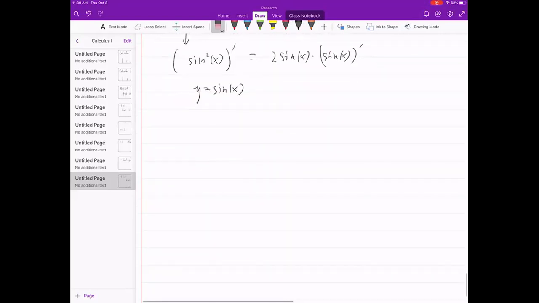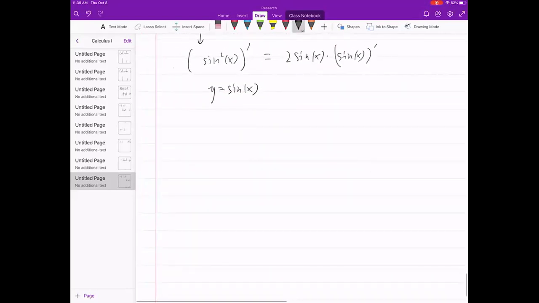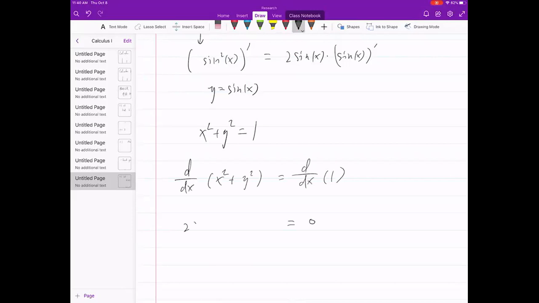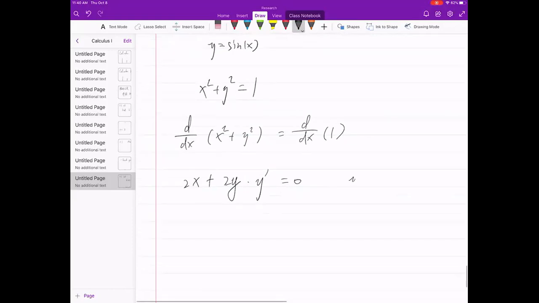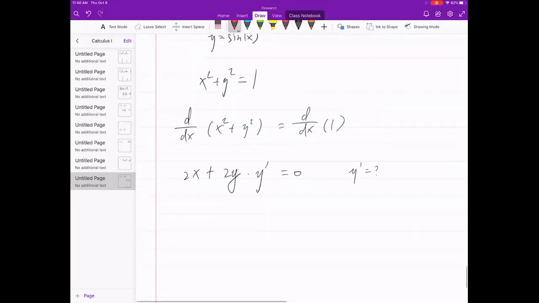Settled. With all that, let's redo this one. Okay? Take the derivative on both sides. Zero, 2x, 2y times y prime, according to the chain rule. This is still true. Your question is, what is y prime? Well, it's here. So let's solve it.